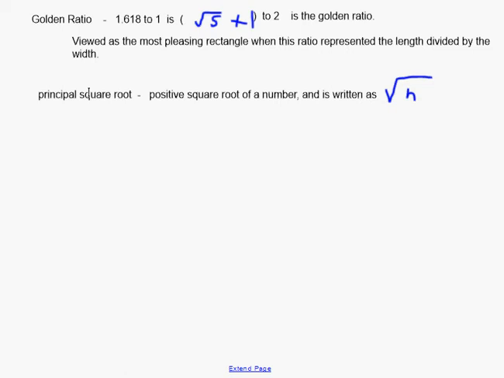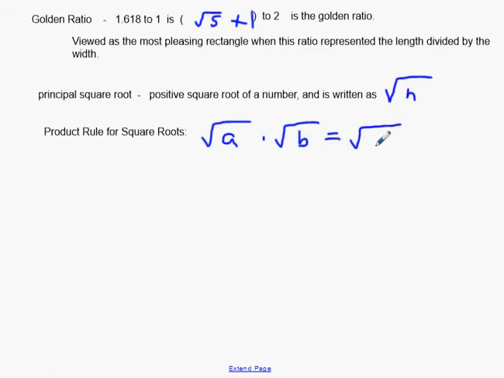Now, the product rule for square roots. If we take the square root of A times the square root of B, they've both got to be square roots, we get the square root of the product AB.